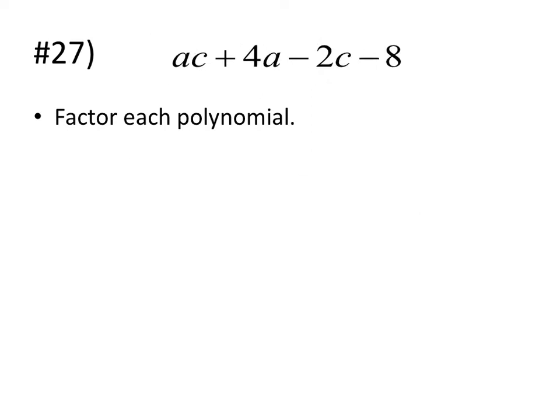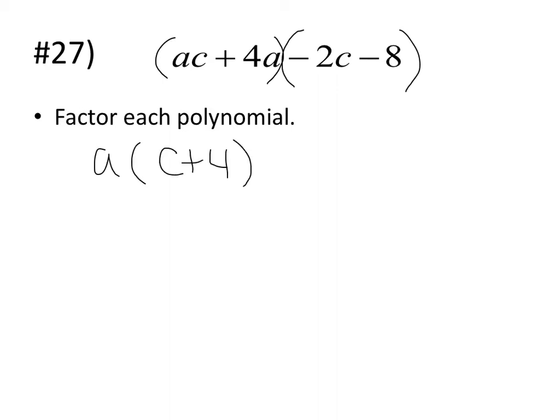Okay? So here, let's group things together. We're going to group here and here, and make sure you include the negative with it. Remember, if your third term is negative, you will always factor a negative out of the second binomial. So you're going to factor an a out of the first one, and you're left with c plus 4.